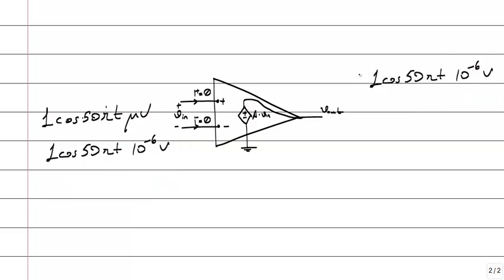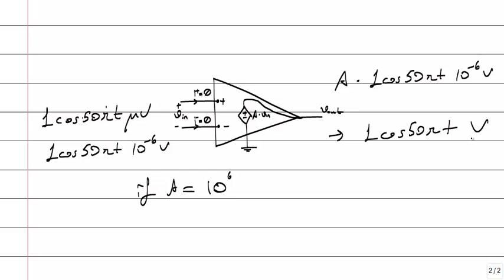Okay, A times this much voltage. For example, if A is 1 million, then V out will be 1 cosine 50 pi t volts, 1 million times higher.